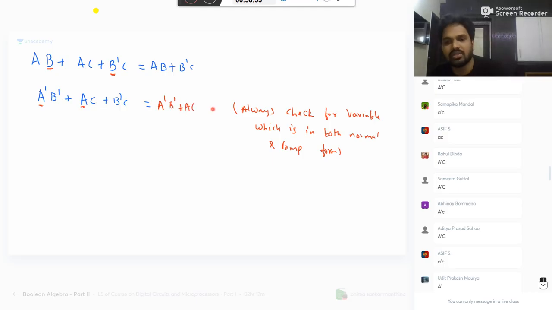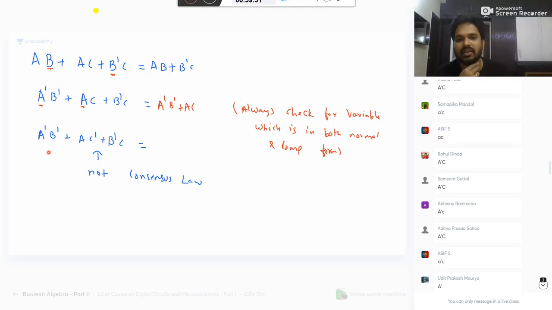Let me write one more example. What is the answer? Yes, it's not the consensus law.